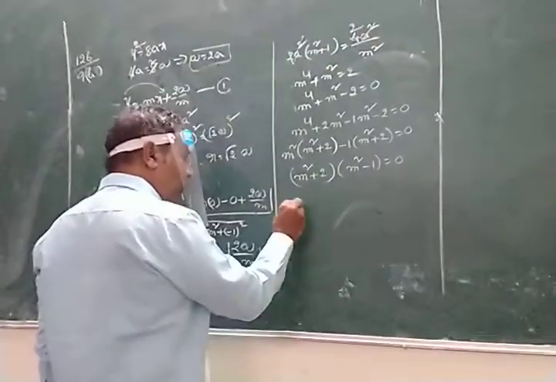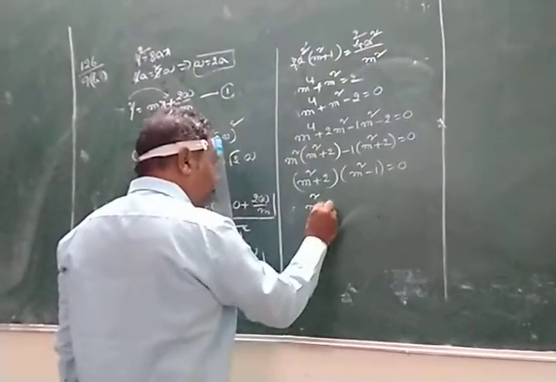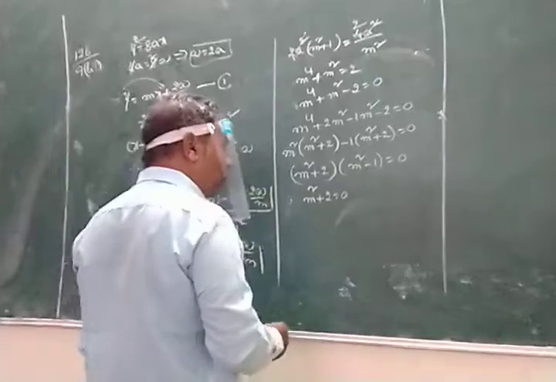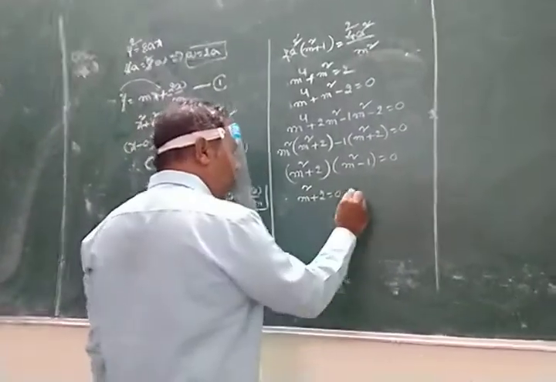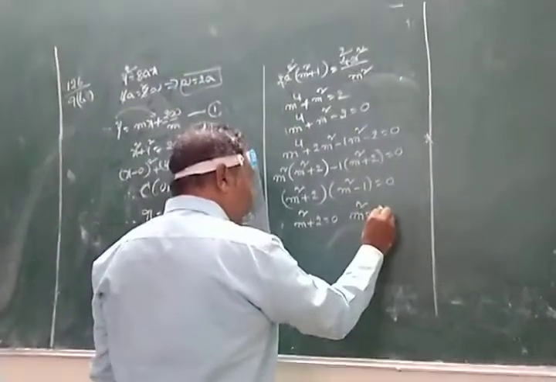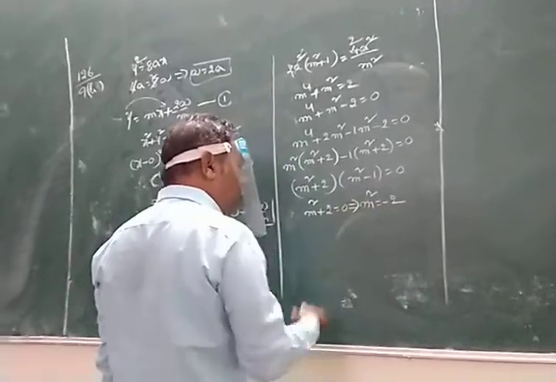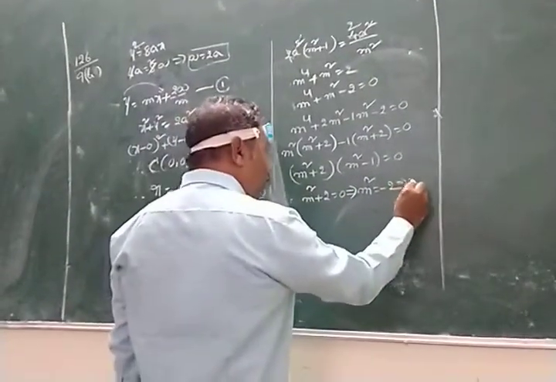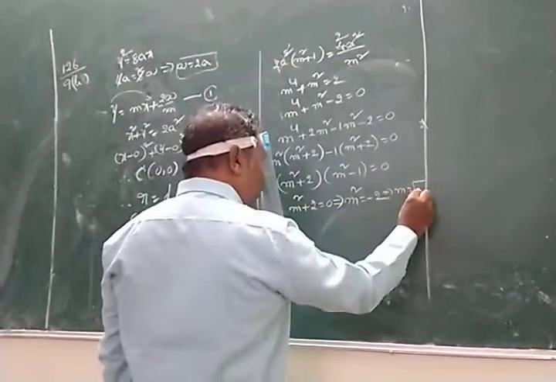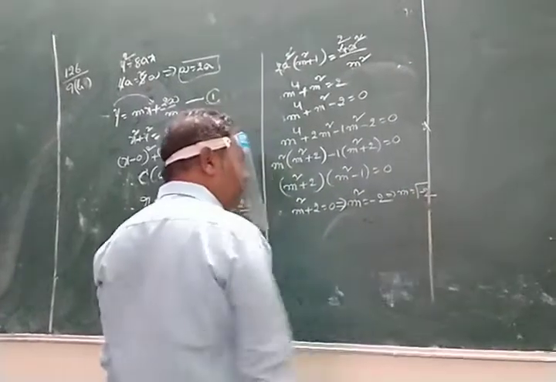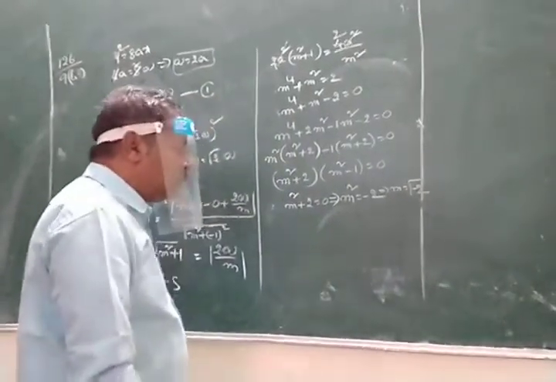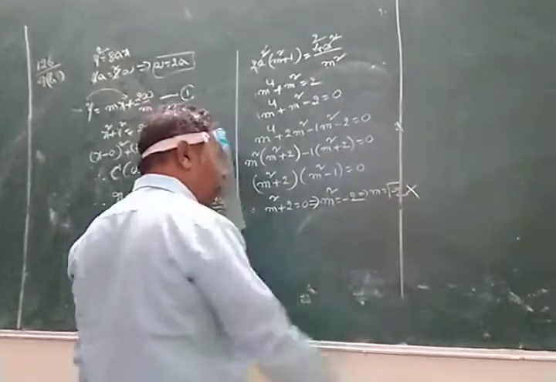Therefore, m square plus 2 equal to 0, m square equal to minus 2, m value under root minus 2, not possible.